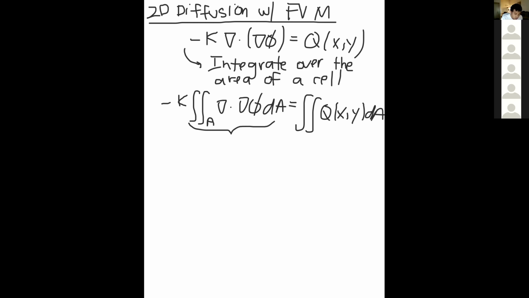The first step is to use the divergence theorem, because we want to convert this integral over an area into an integral over the boundaries. When we apply the divergence theorem in 2D, it transforms our double integral into a line integral.